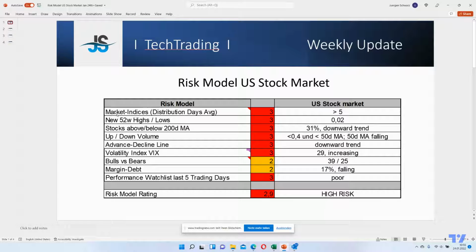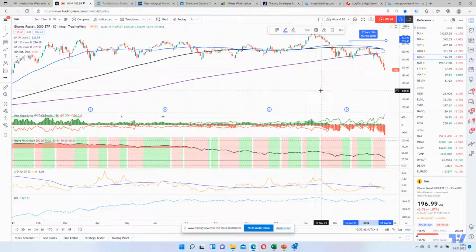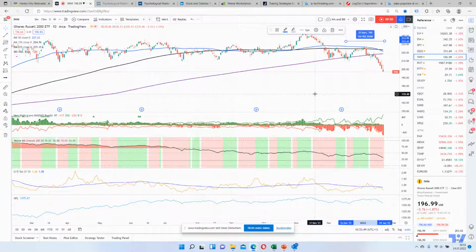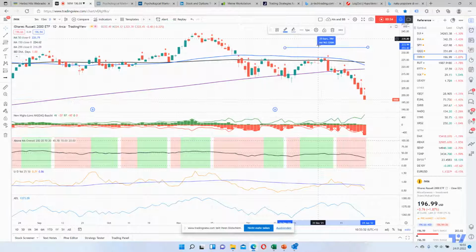Let's start with some of the technical indicators, and for that I'm going to jump into the TradingView chart here. The first relevant indicator that we're going to look at is the distribution day count.